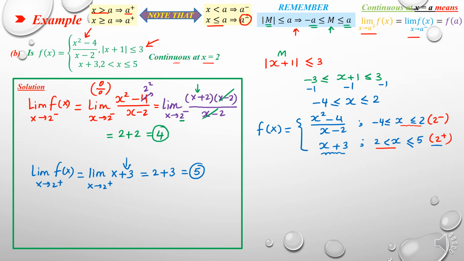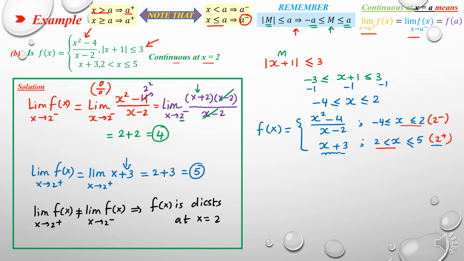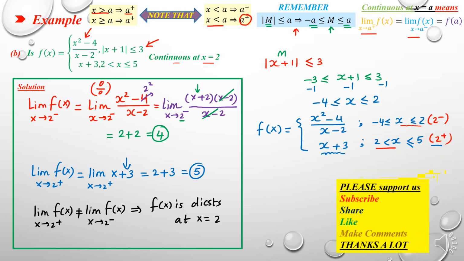Again, as in the first part, the two limits are not equal. Limit f of x when x goes to 2 from right not equals limit f of x when x goes to 2 from left, which means that f of x is discontinuous at x equals 2.